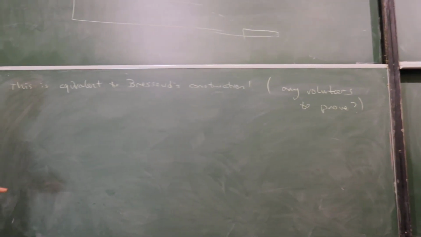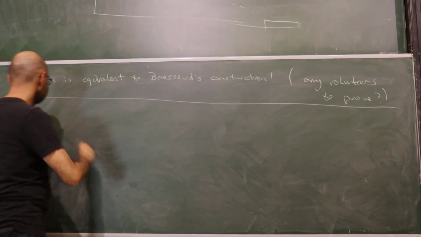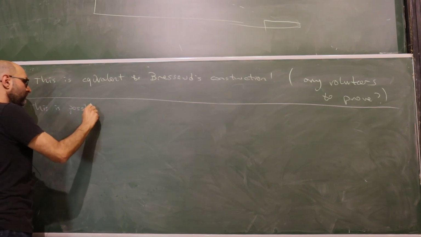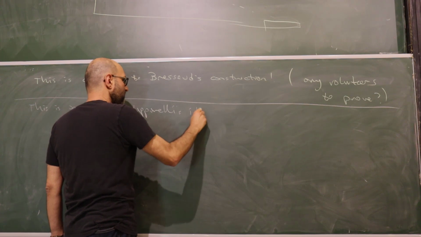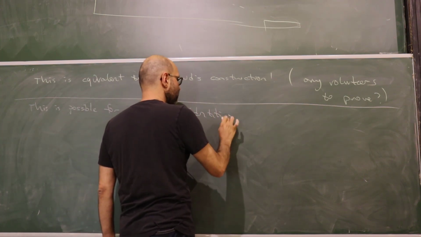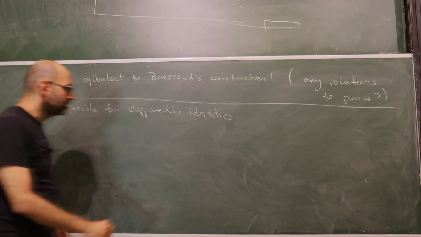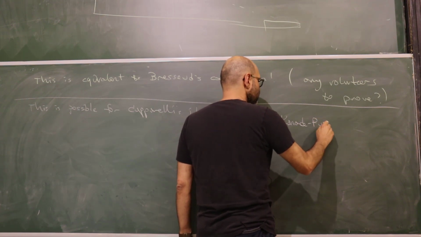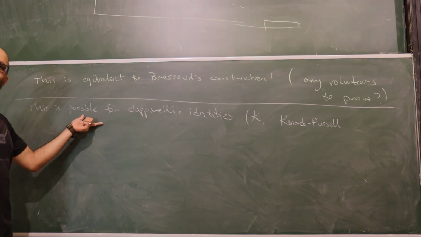We can do this for Capparelli's identities. And this is proven by Kanade and Russell and myself independently. But Matthew Russell maintains that this doesn't belong to any of us.